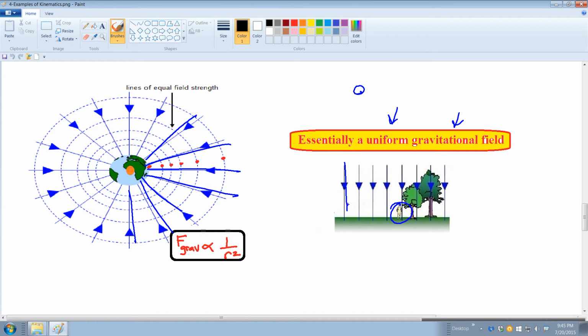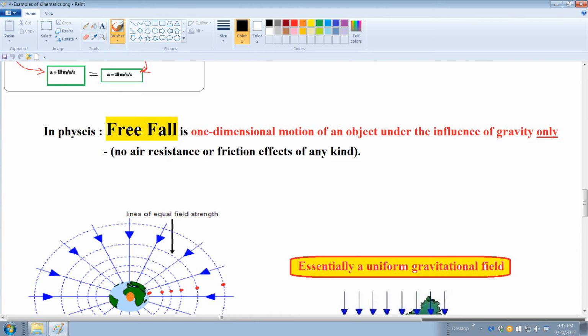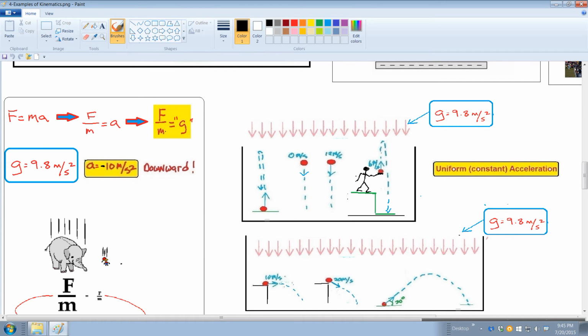We kind of look at them as equidistant and straight down. And so this picture up here, where I'm drawing these acceleration vectors for g, is basically the point I'm trying to make there.